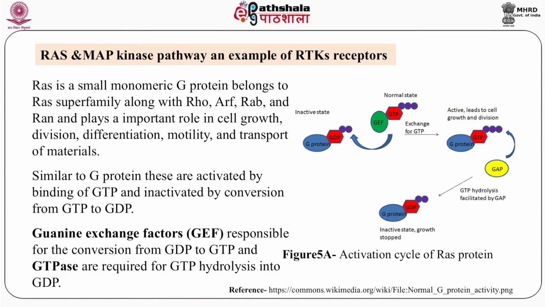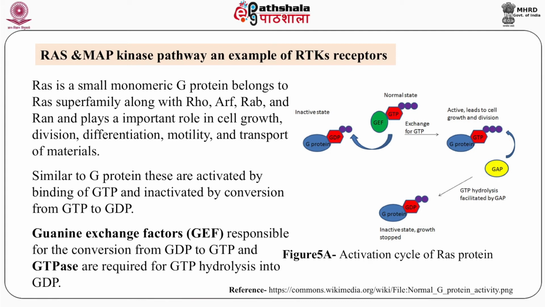RAS is a small monomeric G protein belonging to the RAS superfamily along with Rho, ARF, RAB and RAN, and it plays an important role in cell growth, division, differentiation, motility and transport of material.